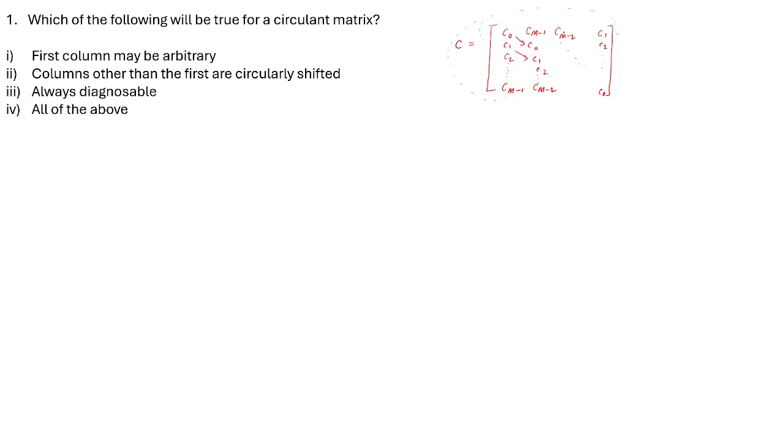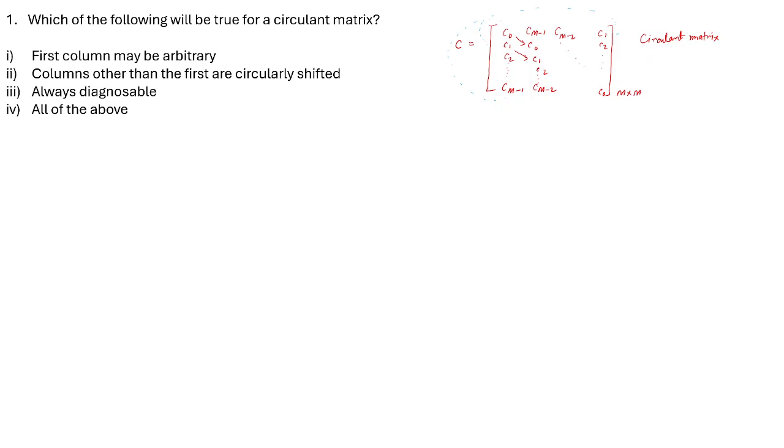So along the ascending diagonals this property does not hold, but along the descending diagonals the elements are the same, and this property holds for both circulant and pseudo-circulant matrices, which will come later. So this is a circulant matrix, and it is always going to be a square one.